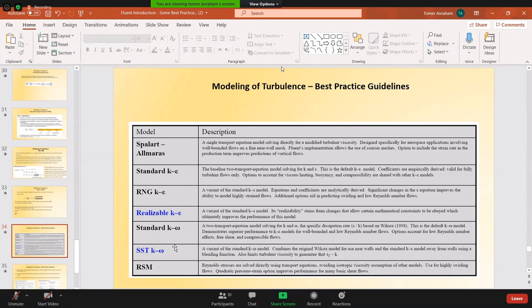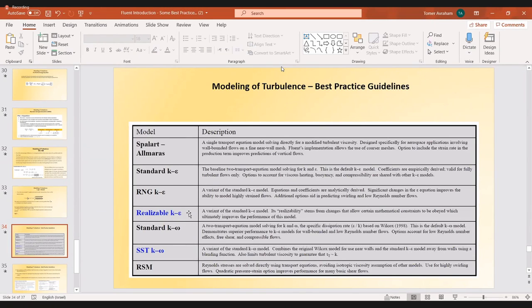Here you see it's the ANSYS recommendation to use the realizable K epsilon, which uses realizability conditions for extreme variance in the shear. And then there's the Reynolds stress model, which is not an eddy viscosity model, meaning it's not dependent on the eddy viscosity.